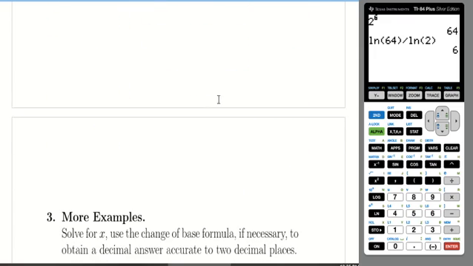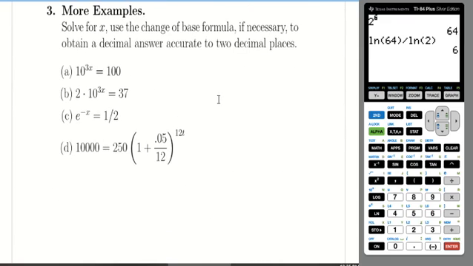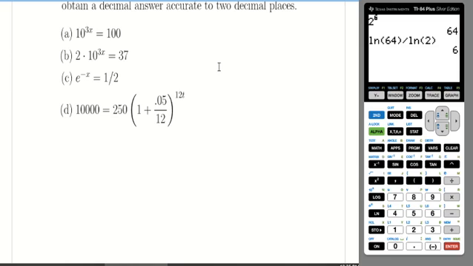So let's do a bunch of examples here. If we have exponential equations, the general idea is we isolate the exponential part and then take logarithms of both sides to switch to logarithmic form. So here, part A, the exponential part is actually already isolated for us.